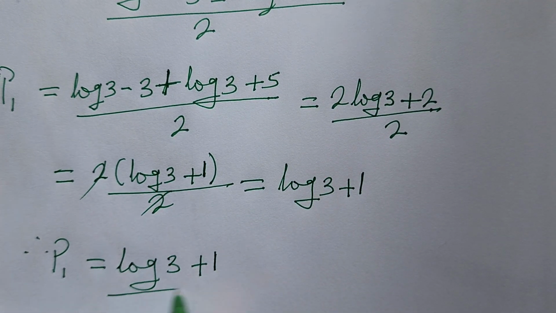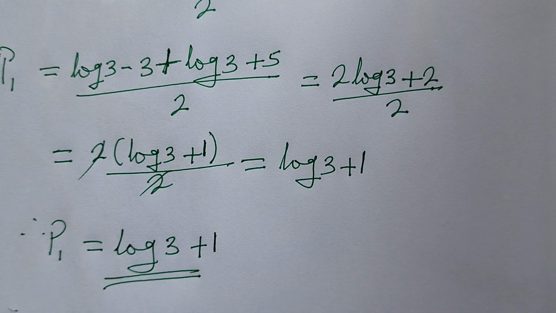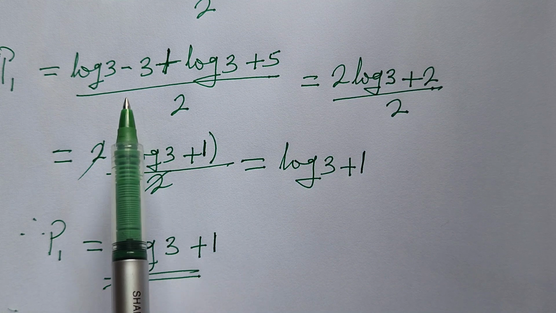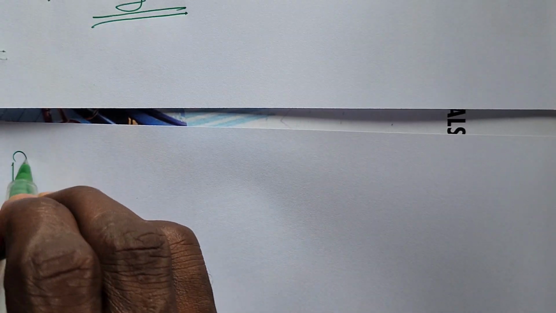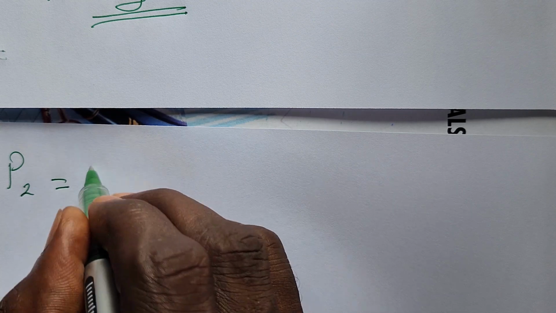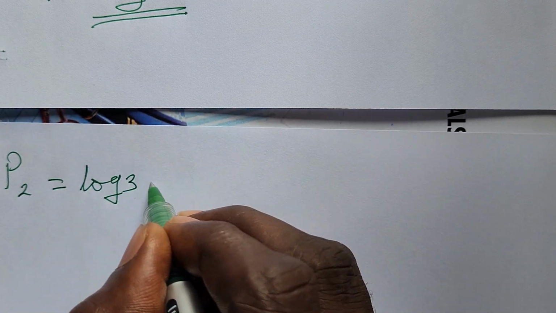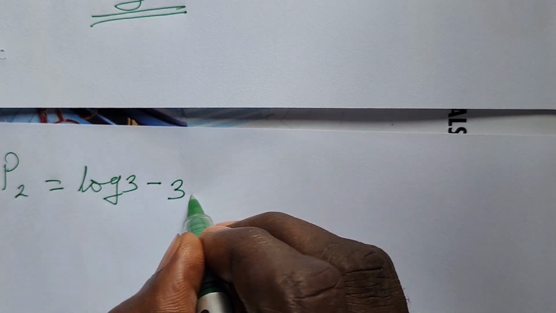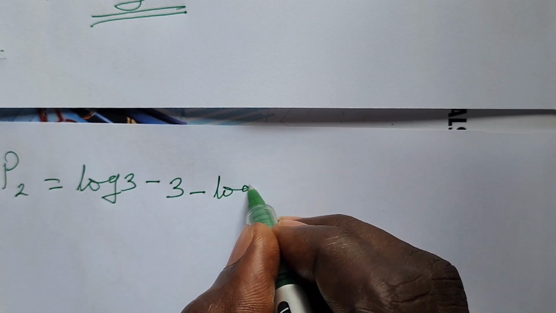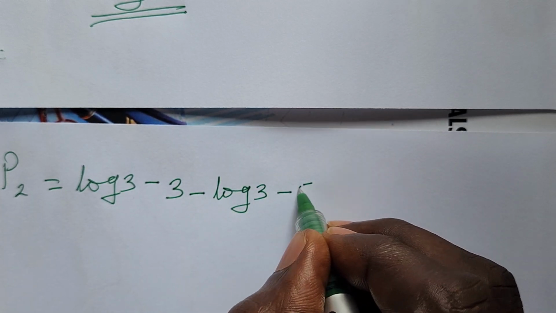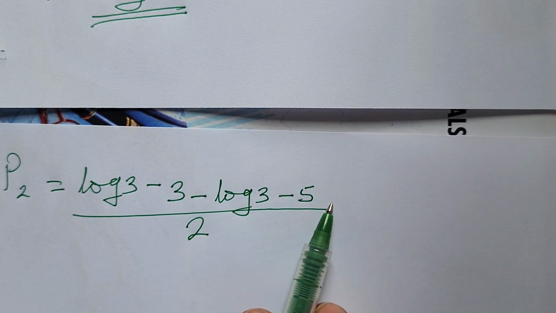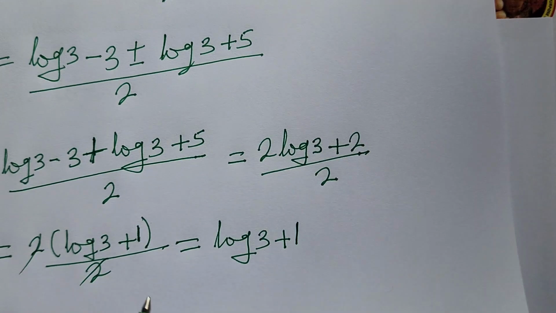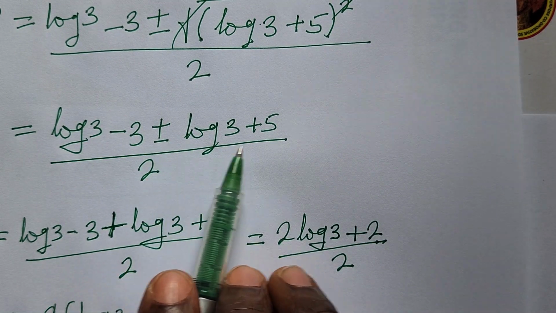So let's keep this now. We look for our P2. P2 is going to take the second case scenario, which is going to be the minus here, right? So our P2 is going to give us log 3 minus 3, minus (log 3 + 5) all over 2, because we use this minus to open up this.